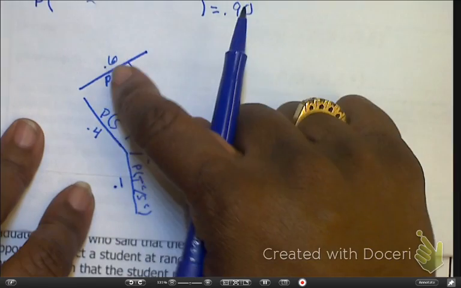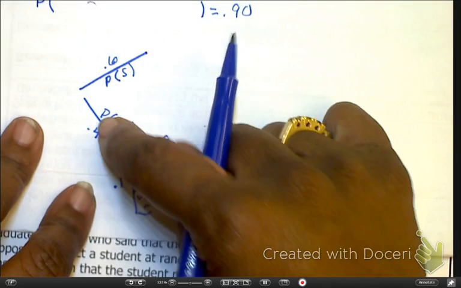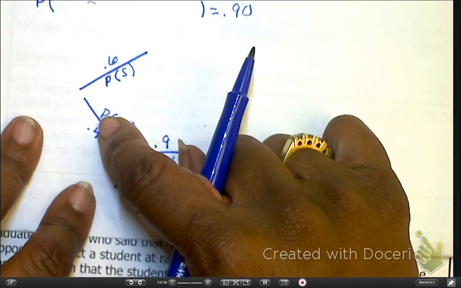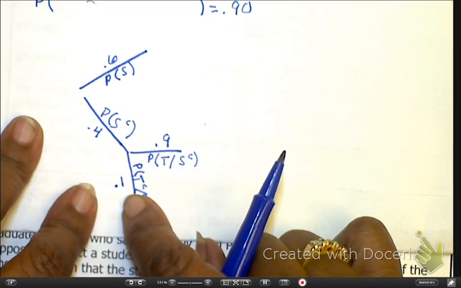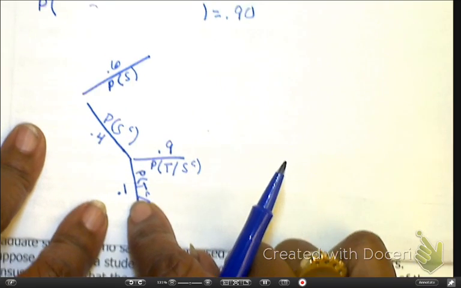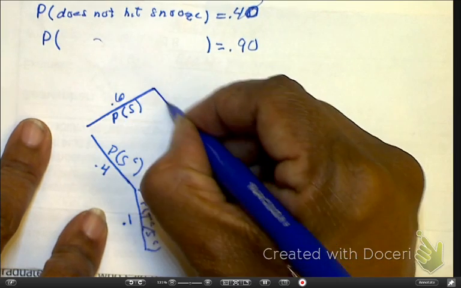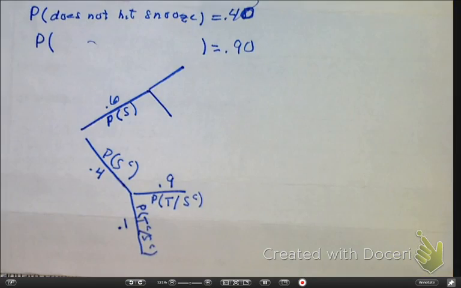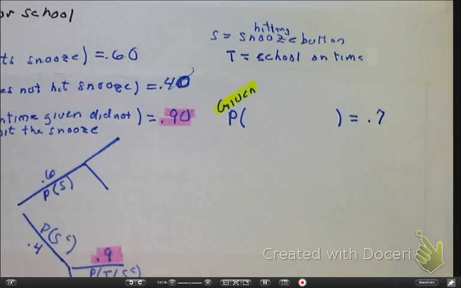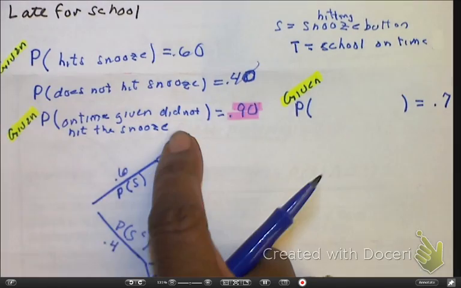So just like that 60 and that 40 gave you 100, or 0.6 and 0.4 gives you a 1, 0.9 and 0.1 gives you a 1. Now let's see what other percentages I have. Make sure you fill that in.